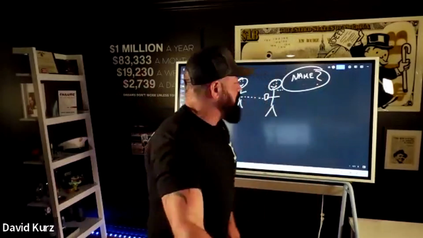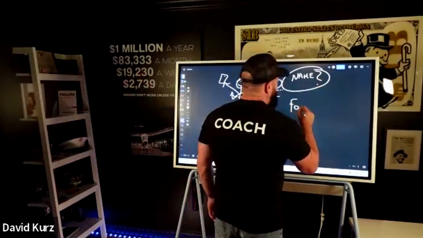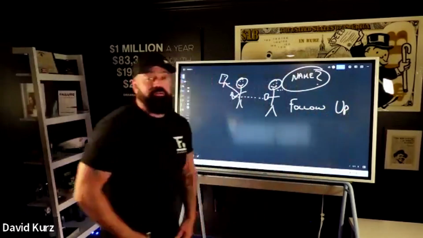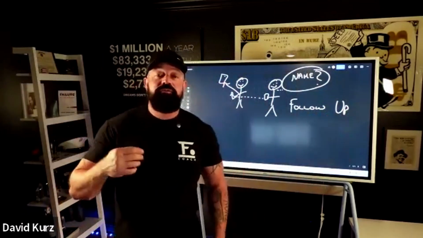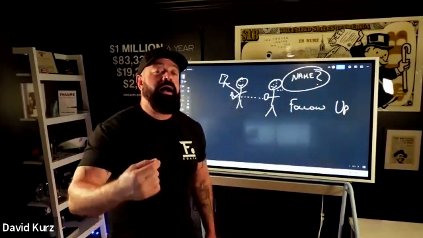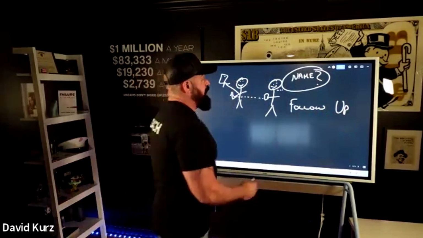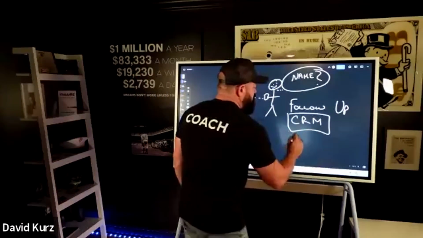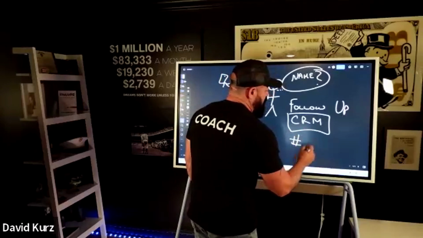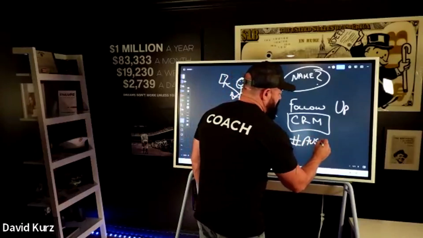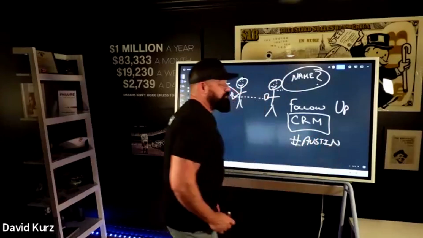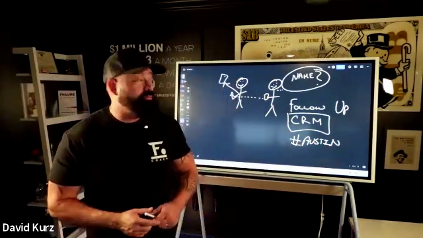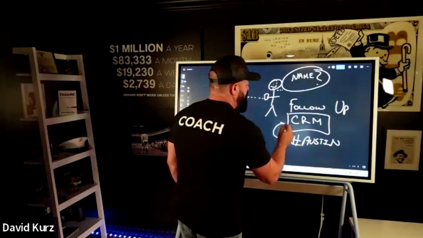That allows you to have a strong follow-up game because they won't just be in your phone as a random person. It'll give you an opportunity to go back through your text messages, add them to a potential CRM, label them or hashtag them appropriately. Like if I'm at the Austin event, or whatever the event is called, I can hashtag them or label them appropriately inside of my CRM.